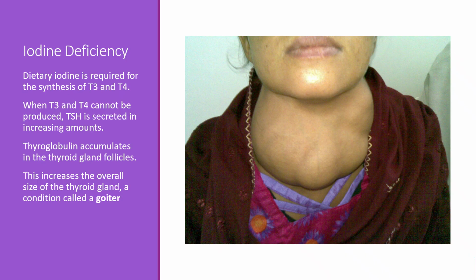Essentially, iodine helps in the release of those two forms of thyroid hormone, and so it can't get out. So thyroglobulin accumulates in the thyroid gland follicles, and then we see the thyroid gland get bigger and bigger and bigger, and we call that a goiter.